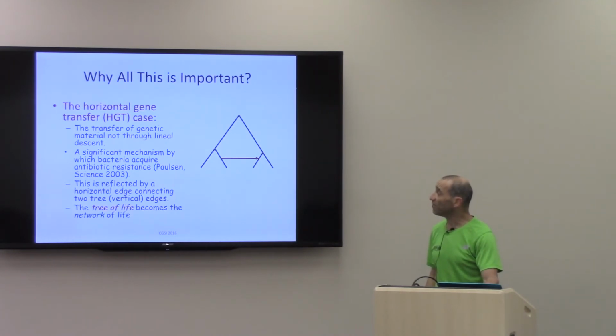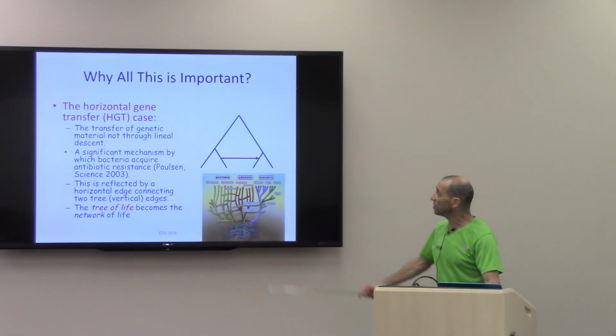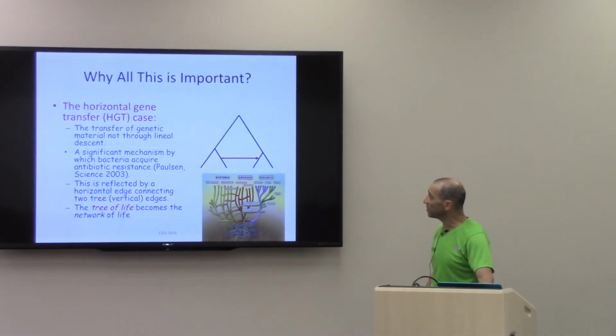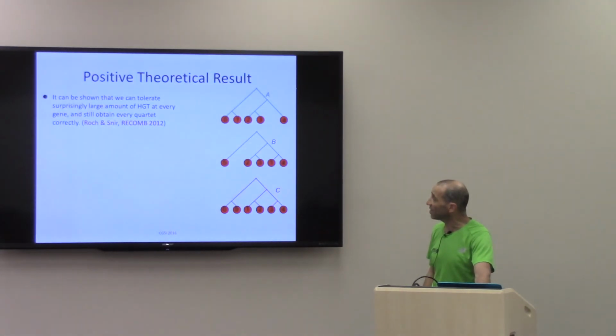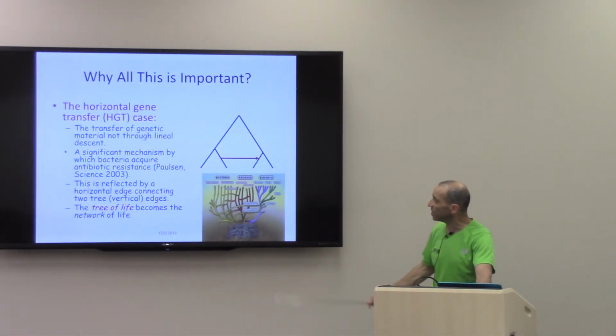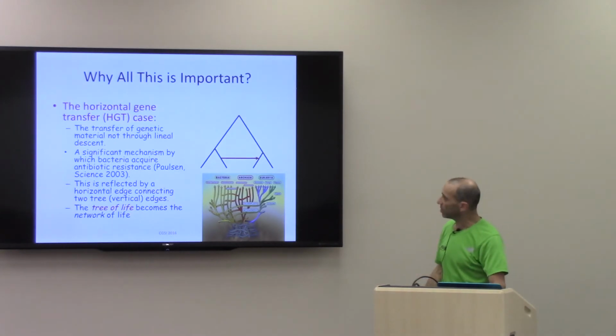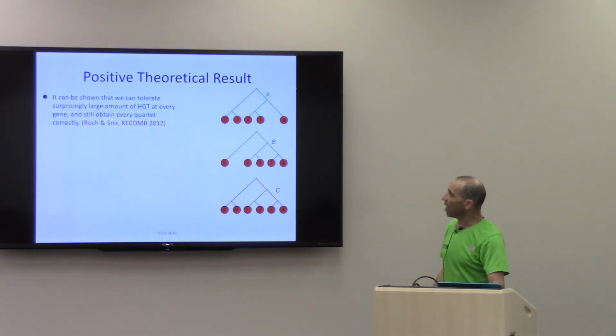The tree of life becomes a network of life, or this famous figure, which I think is denoted the spaghetti of life. I don't remember where I took it from, maybe from Ford Doolittle, he's a big name in this.